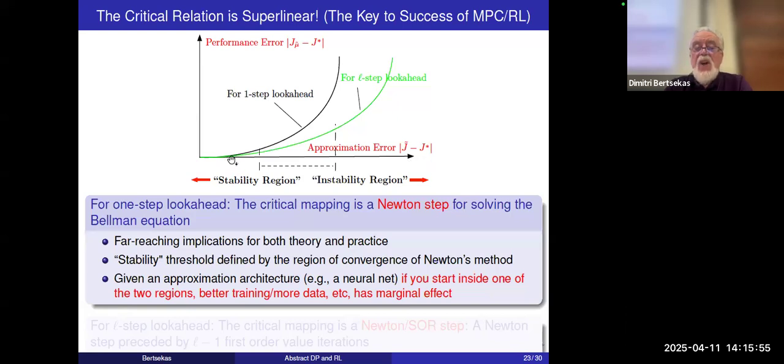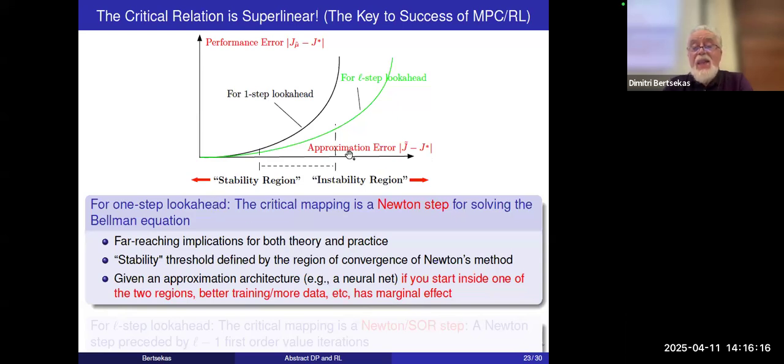And then if you start in here, even if you try to improve the approximation by using better training, more data, it doesn't have much of an effect. If you are within the region of convergence of Newton's method, of the Newton step, you're almost optimal as you zoom in one iteration.